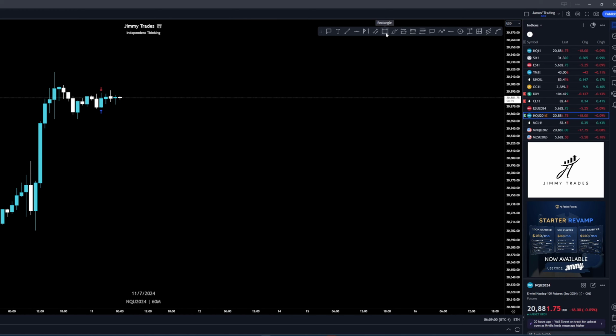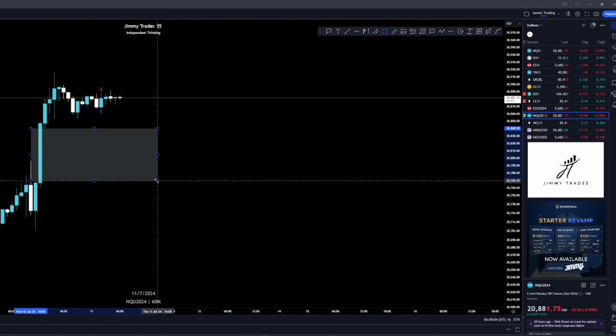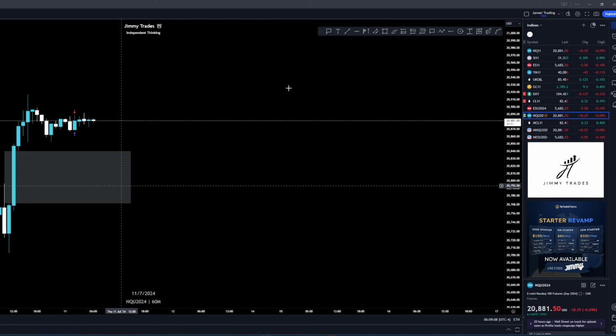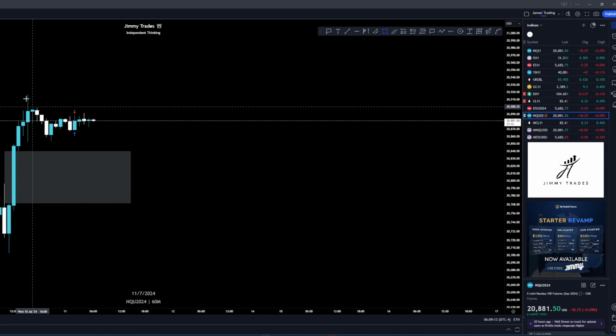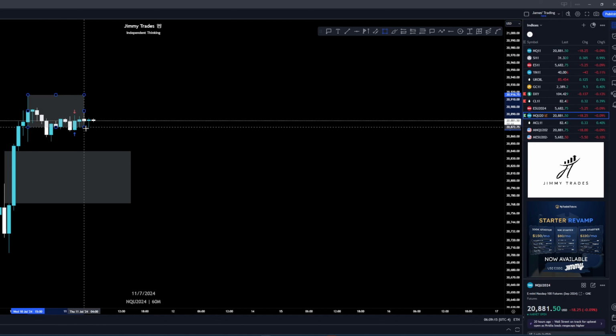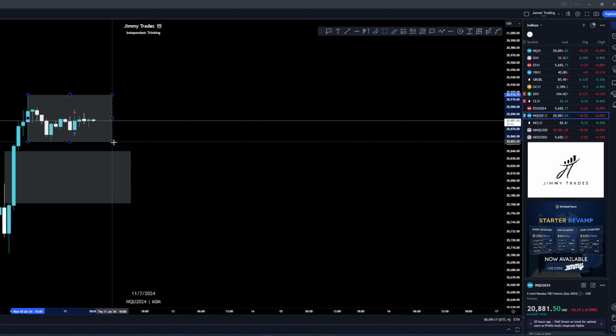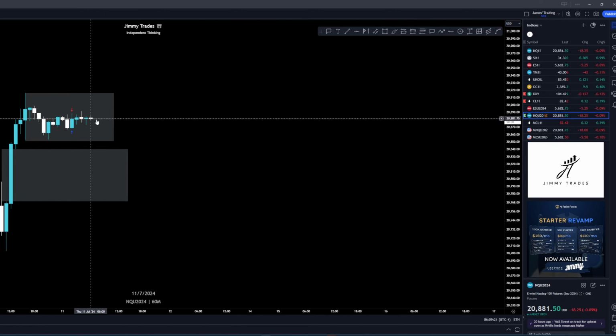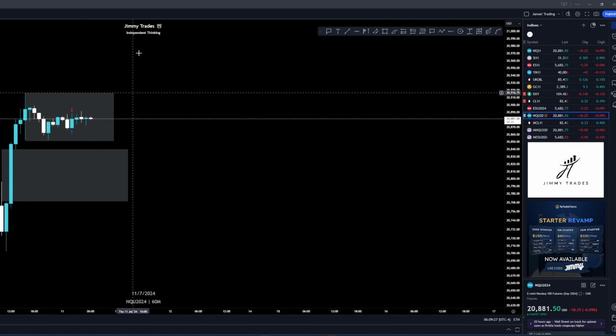So we've got hourly busy consolidation here. So we're actually inside this range of this candle at the moment. So we'll have to see if potentially price, if we do continue bullish, we might see these lows taken before continuing higher.